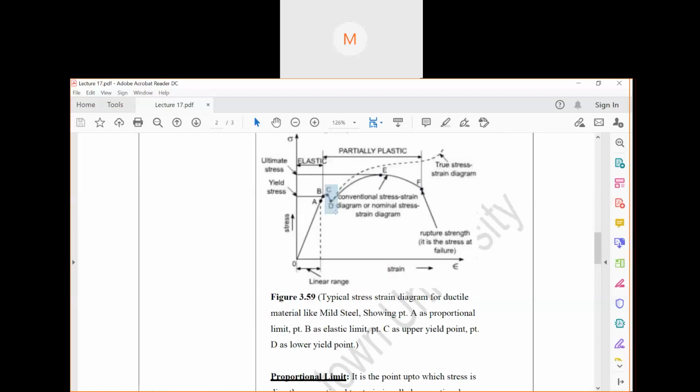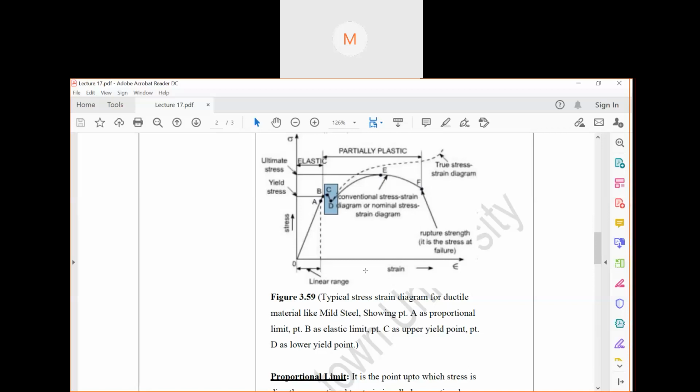So between point C and D, what will happen? The load is decreasing. Look, the load, that means stress, is decreasing. But then there is strain. You can see some amount of inclination in this graph. That means here is a certain amount of strain.